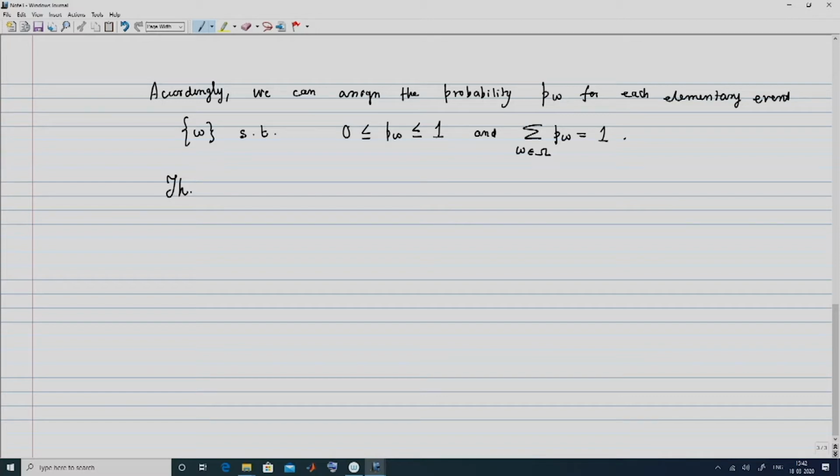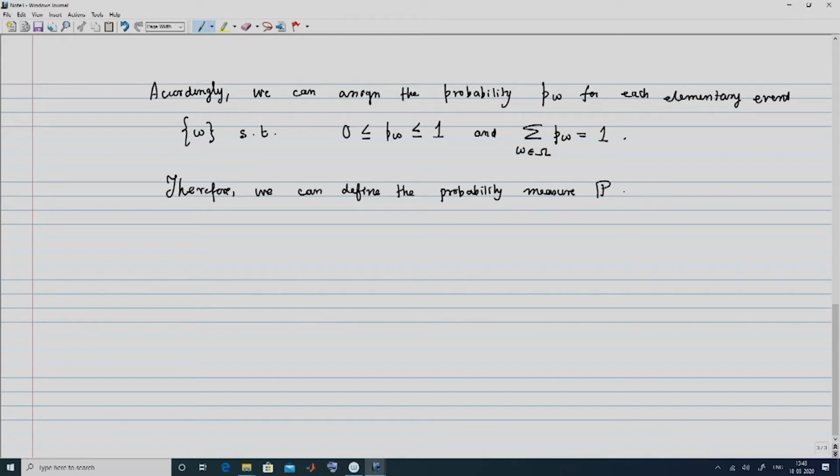So, once we have both these things set up, the probability measure and the probability of an elementary event, we can define the probability measure p, which we have already introduced along with the 3 properties.